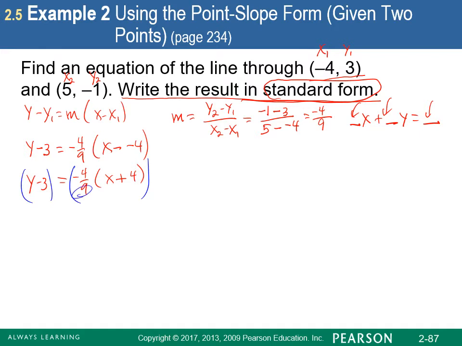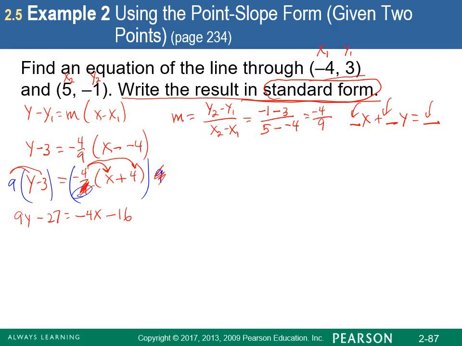Well, the only denominator in this problem is the 9. So when we multiply this, we get 9y minus 27. Here, when we multiply, the 9's simply cancel, and we get negative 4 times x and negative 4 times 4.